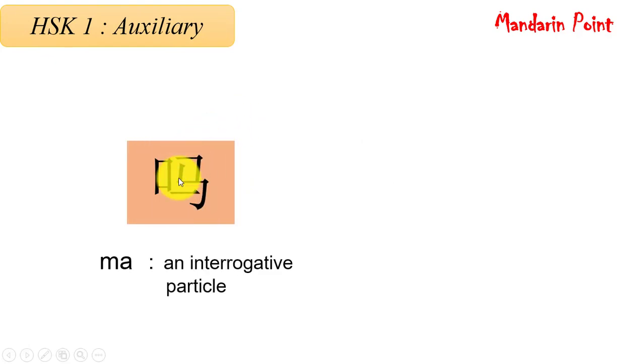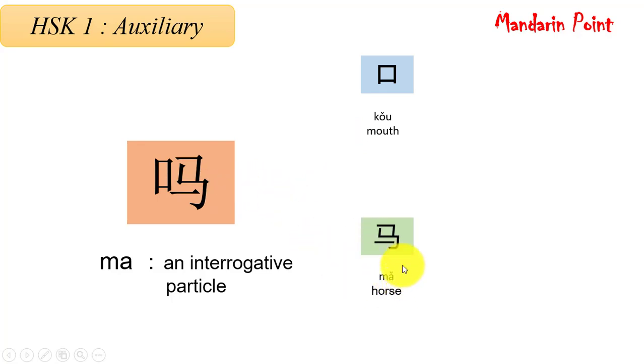The next auxiliary verb is ma. It is an interrogative particle and it is used in interrogative questions. Let's decompose it. On the left side we have kou, meaning mouth, and on the right side we have ma, meaning horse. So you can see that this ma is the phonetic component of this ma.